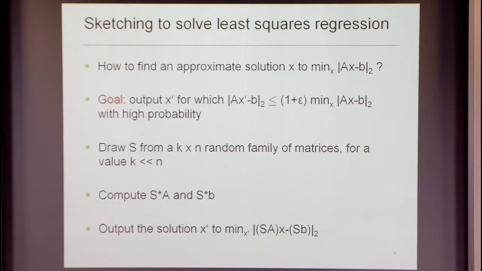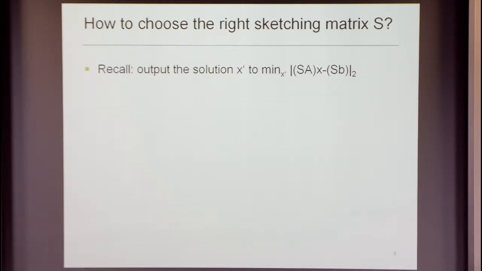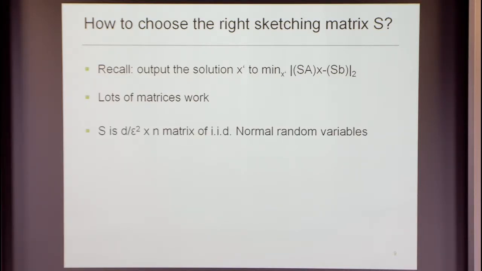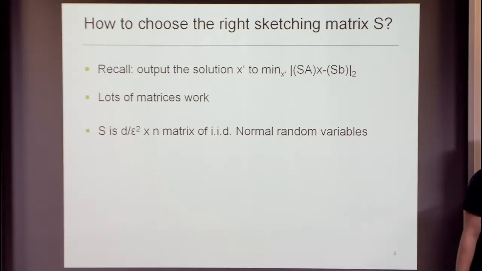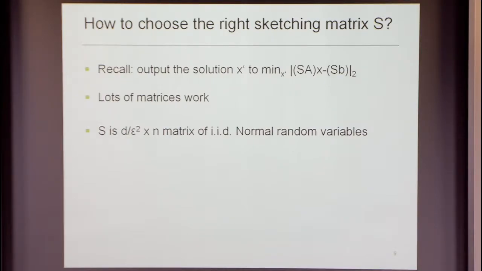Okay. Right, so how to choose the right sketching matrix S. Lots of random families of matrices work. The most natural that might come to mind is if S is just a matrix of IID normal random variables. If the parameter k, the number of rows of S, is d over epsilon squared, you can show that this matrix S has the property that if you solve it in the sketch space, you get a 1 plus epsilon approximation.